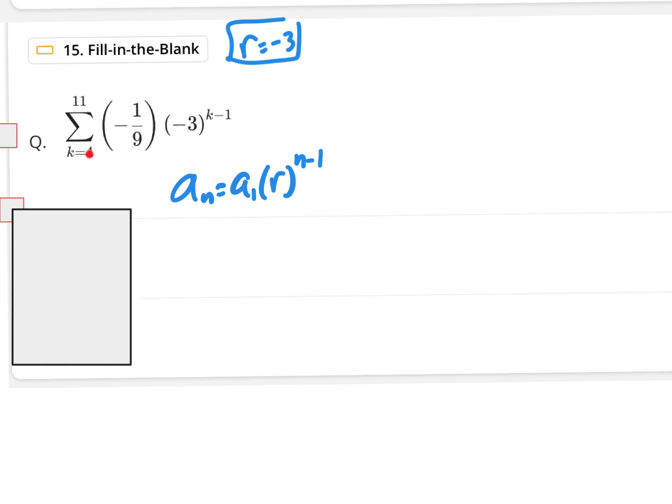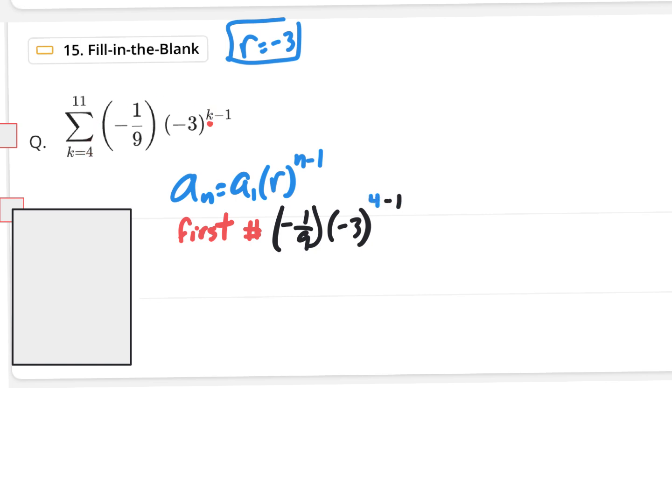So if it were to start at 1, then this would be your first term, but they want you to actually start with the number 4. So let's find our first number by plugging the number 4 into the k spot. Let me rewrite everything. All I did was replace the k with 4. So 4 minus 1 is 3.